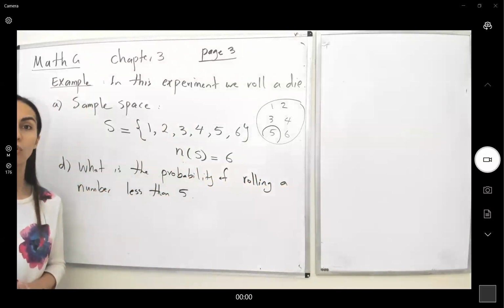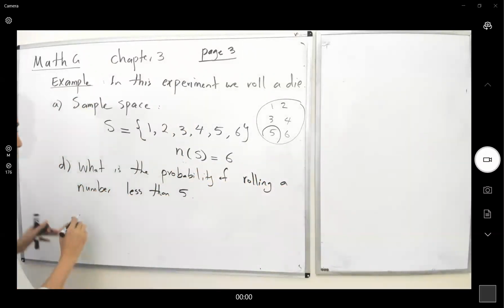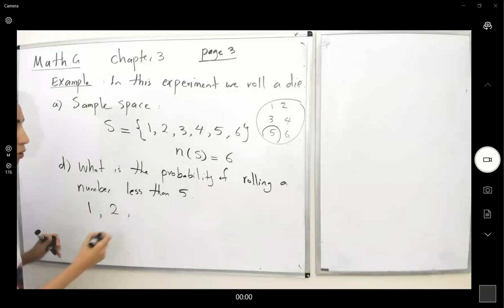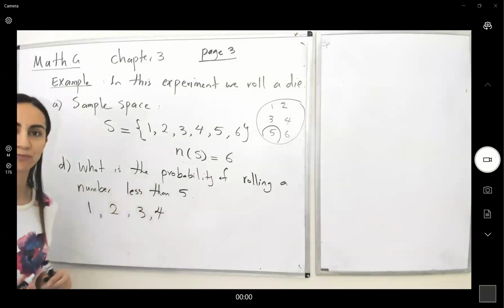So how many numbers are less than or below 5? So it can be 1, or it can be 2, or it can be 3, or it can be 4.